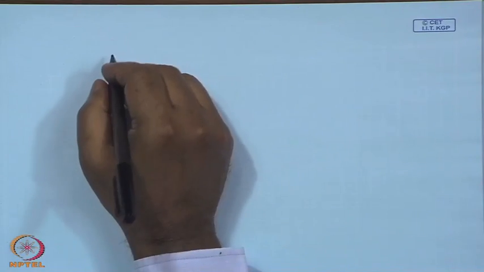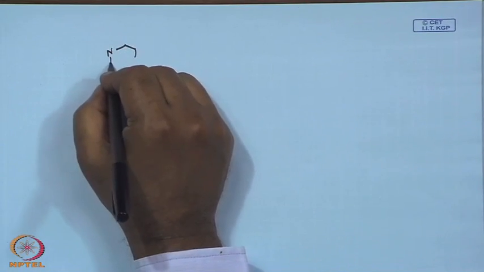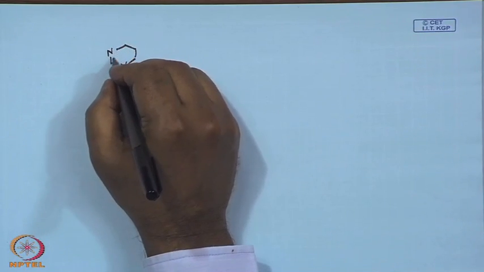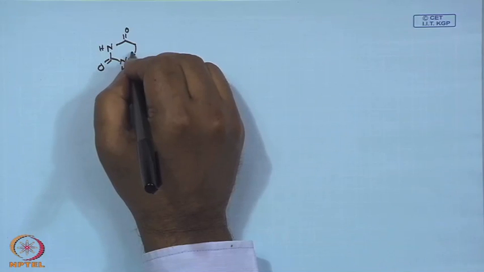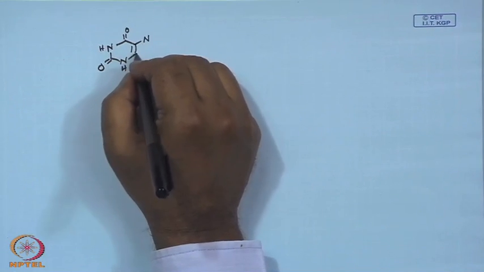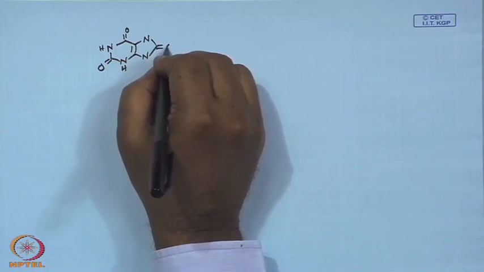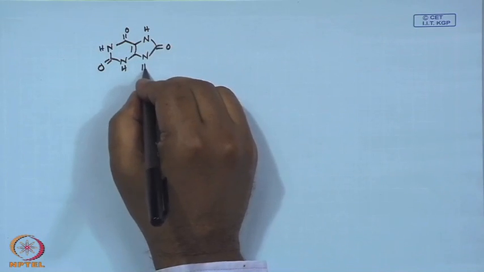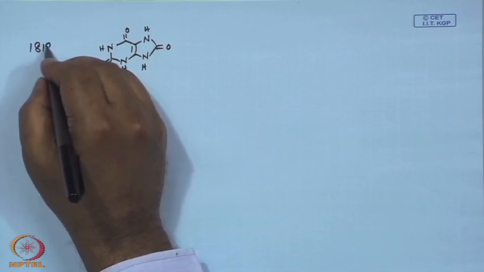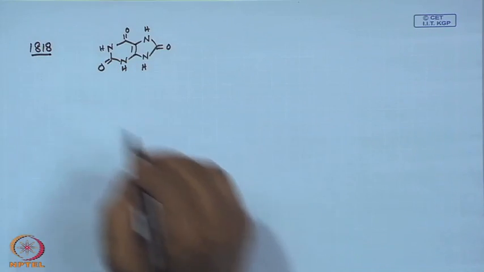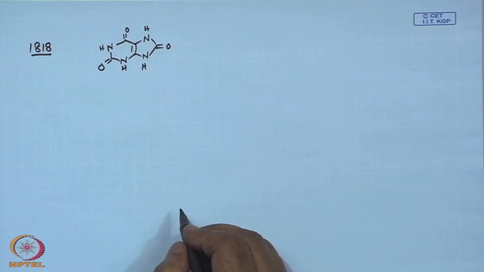Okay. And let us look at a molecule I think some of you should be familiar with. Once again, this is the early history of heterocycles. This is the purine nucleus. This molecule was discovered in 1818, easy to remember, 18 and 18, long back.